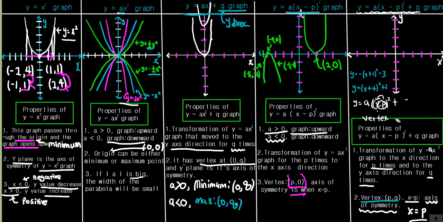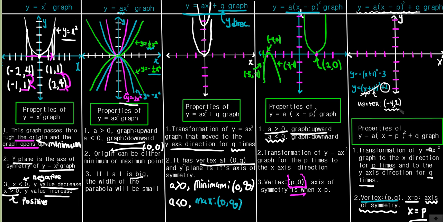So if you think about our first one, y is equal to x plus 4 squared plus 2. The vertex of this function: at first the p value is 4, which means the x value should be the opposite of that, which is going to be negative 4. Then if we input a value of negative 4, this term will just cancel out as 0, and we get a y value, which is a constant, 2.